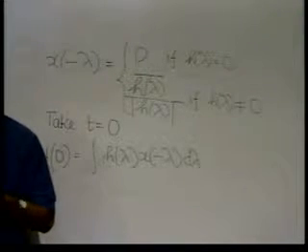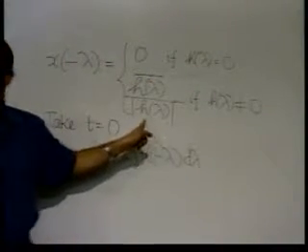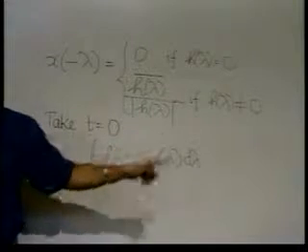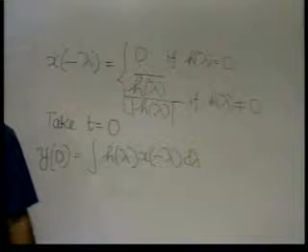Now, why did I take care of this condition separately? Because of this problem. Since I am dividing by h λ, I must not divide by 0. So, I took care of the h λ equal to 0 case separately.